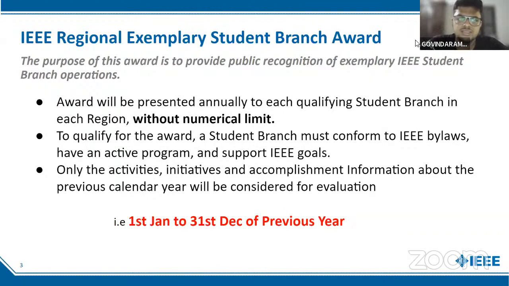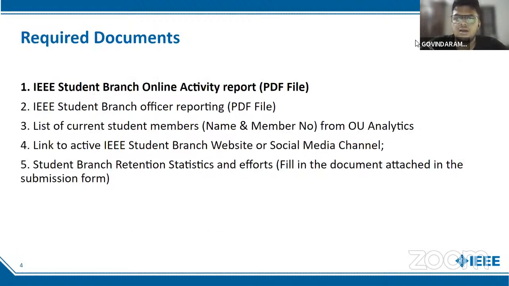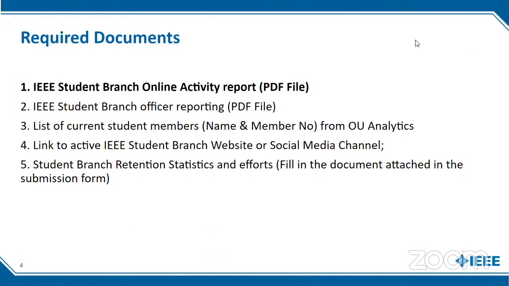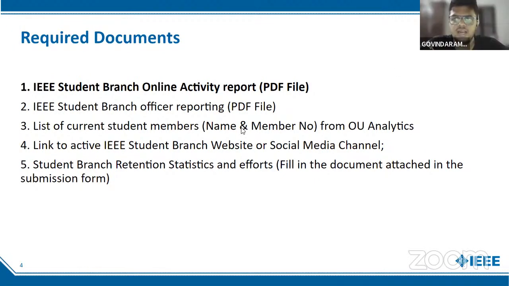Another important point is that only the activities and initiatives of the last year, from January 1, 2021 to December 31st, 2021, will be eligible for this award. Going ahead, there are five required documents needed for this award, and Harita will be explaining each.